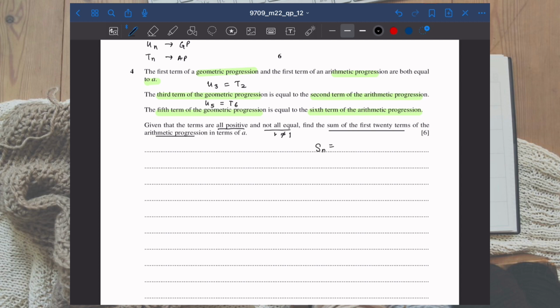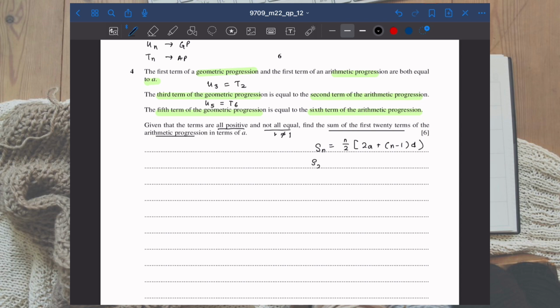So in the formula sheet, we have the equation for the sum of an arithmetic progression, which is Sn equals n over 2 times 2a plus (n minus 1)d.